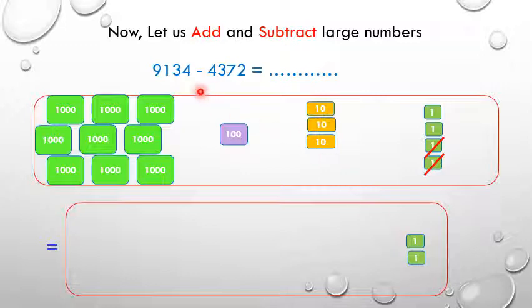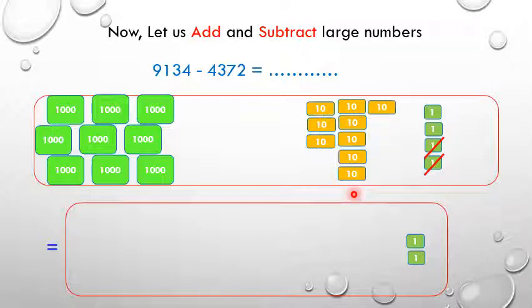Now let's go to the tens place. It will be 3 minus 7. Can I take away 7 from 3? No, I can't. Then I must go to the hundreds place to take away 100 to make it how many tens? Yes, 10 tens. Then let's take these to make it 10 tens, like this.